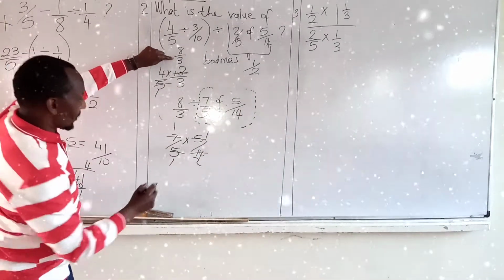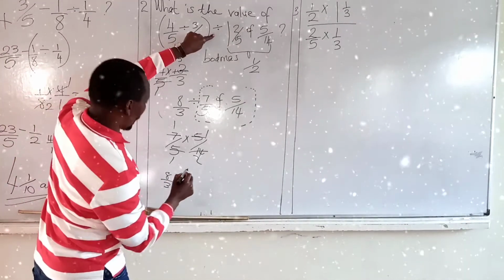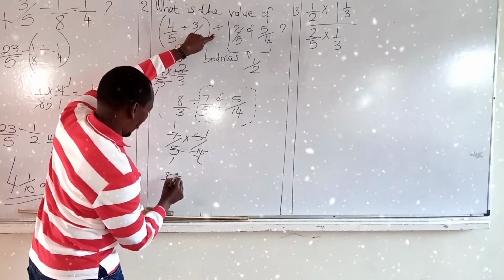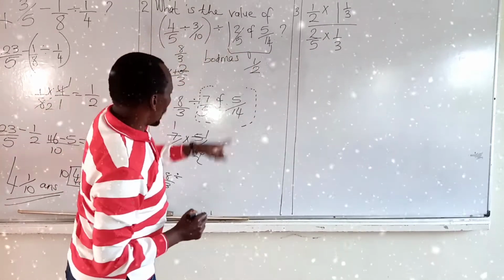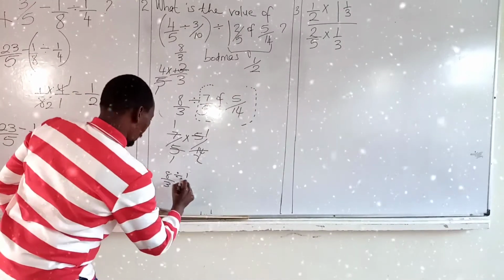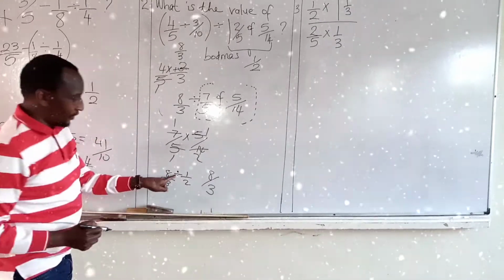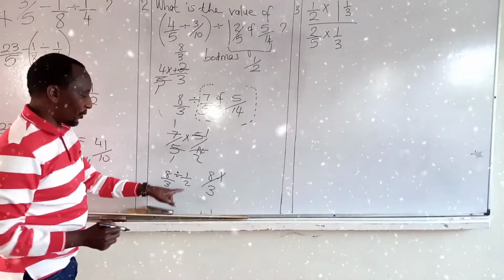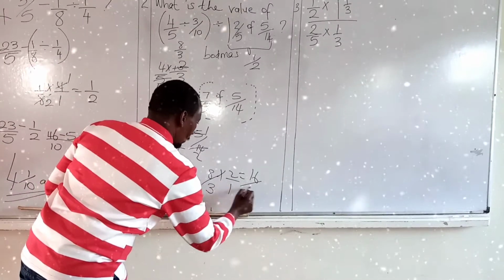So the first bracket is 8 over 3, and then divide by all that we got, a half. So which now is 8 over 3, division becomes times, and then reciprocate 2 over 1, which is 16 over 3.